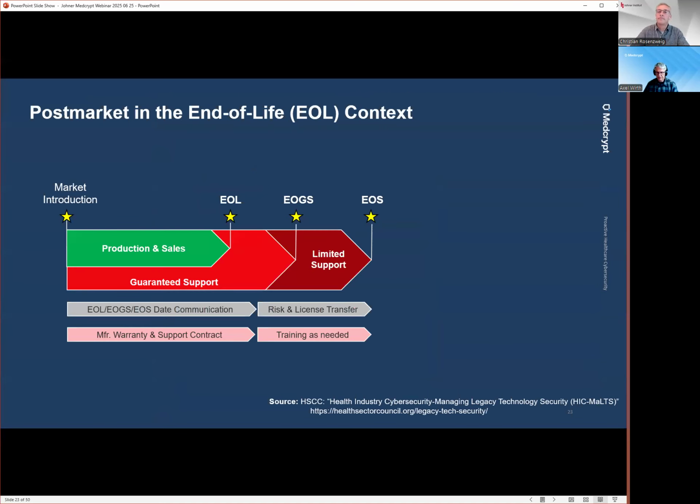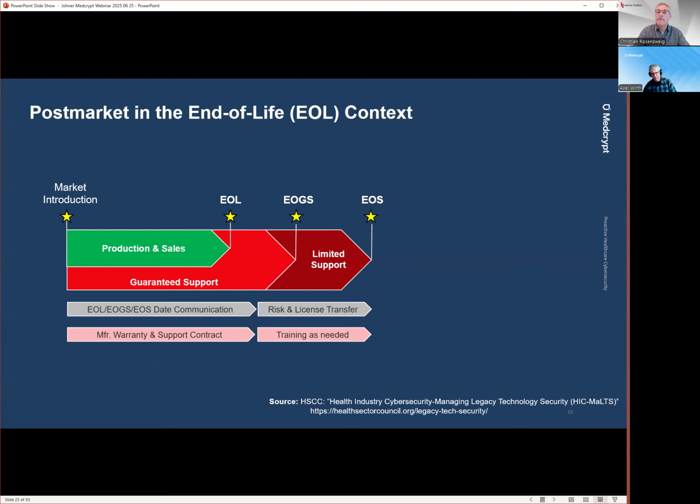And then, of course, at the end of your post-market phase is the product end of life, right? You have the green phase here, which is your production and sale of a product. You stop production, you end sale of a product. You have a period of guaranteed support, which at some point extends. You may have then a period of limited support, but at some point, even that ends and the product will be out of support.